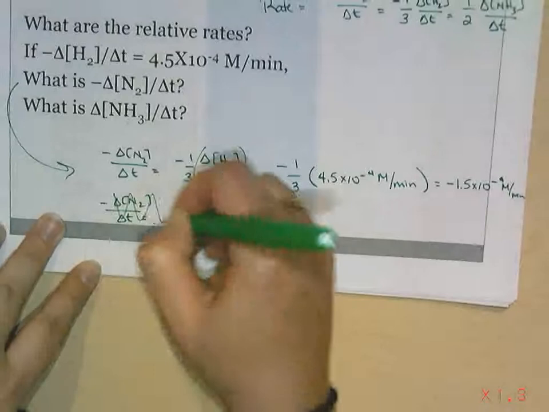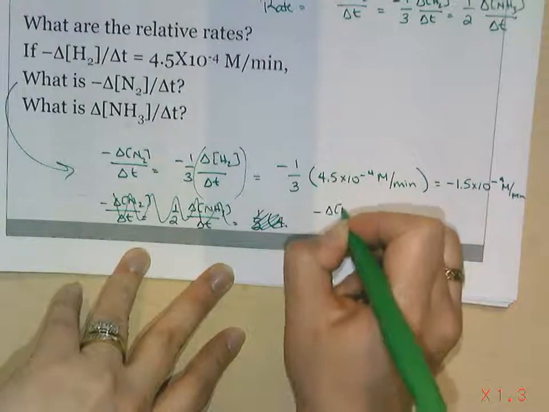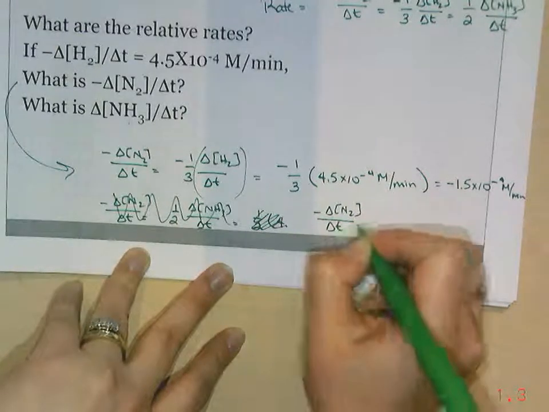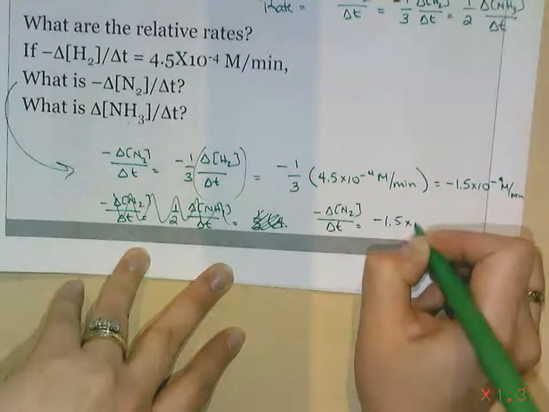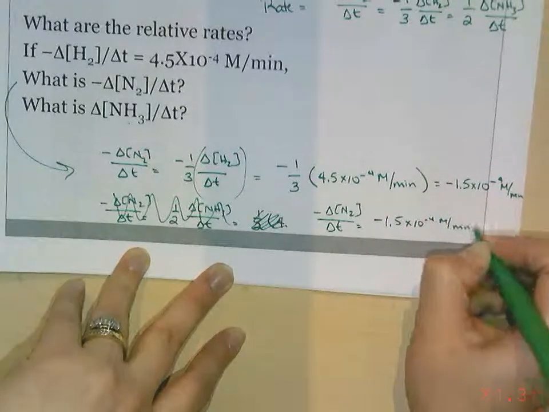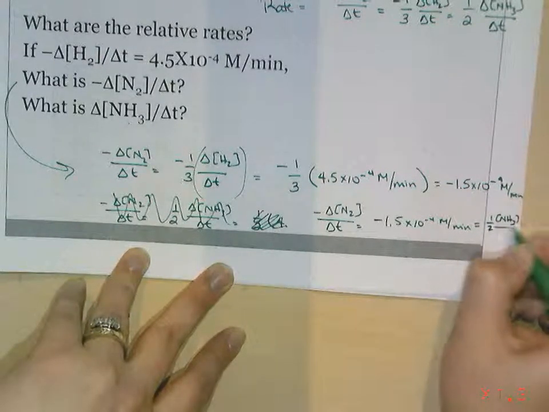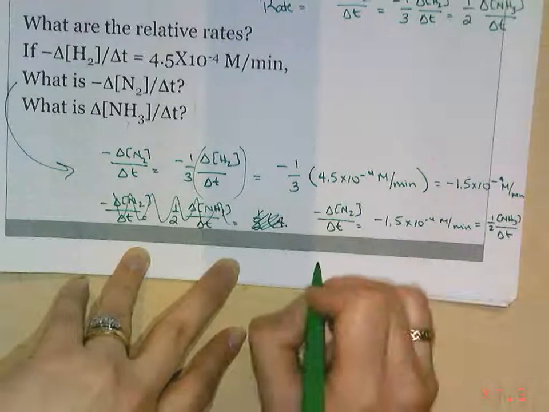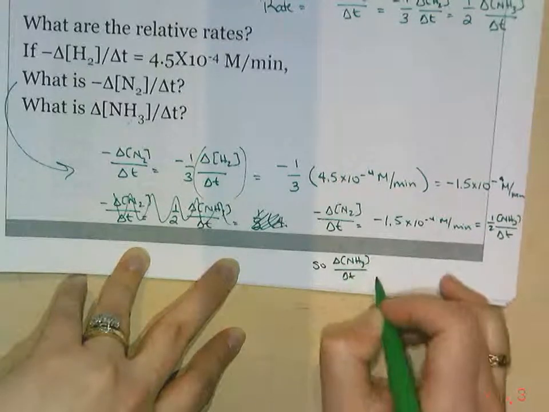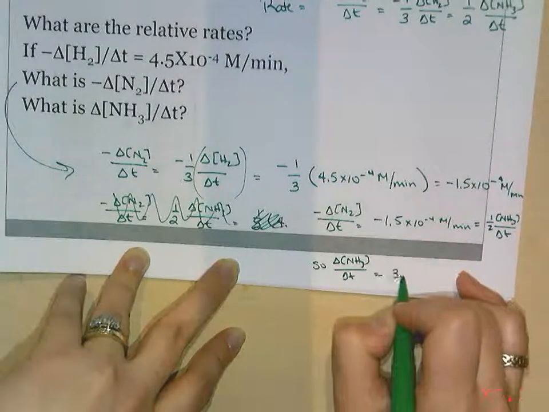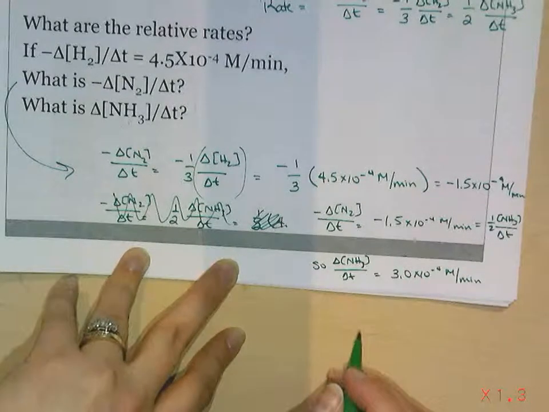Rewrite it over here. Everybody get something like that? 3 times 10 to the 4th?